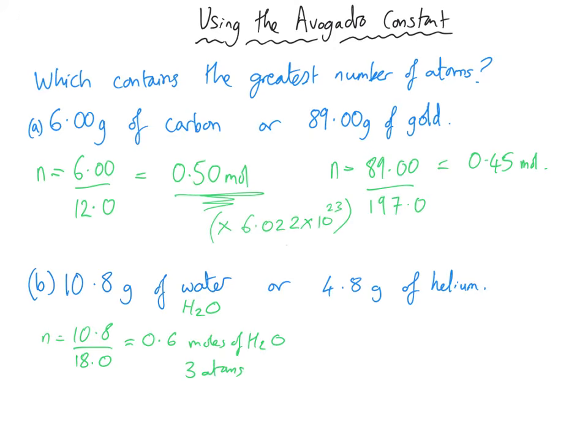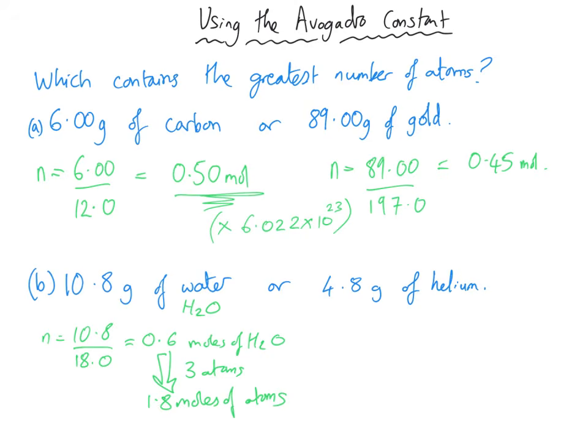So moles of atoms is therefore going to be 1.8 moles of atoms because there are 3 atoms for each molecule of water. So there might be 6.022 times 10 to the 23 molecules of water, but there will be 3 times that many atoms because each molecule of water has got 3 atoms.